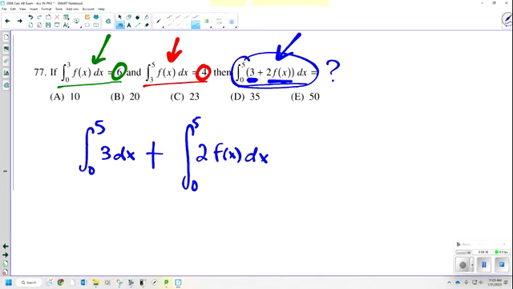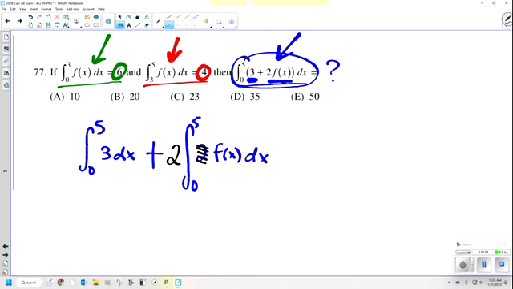What I'm going to do here, though, is take this 2, since it's a constant, and put it on the outside. Now, the integral on the left, I can integrate that. That's an easy thing to integrate.